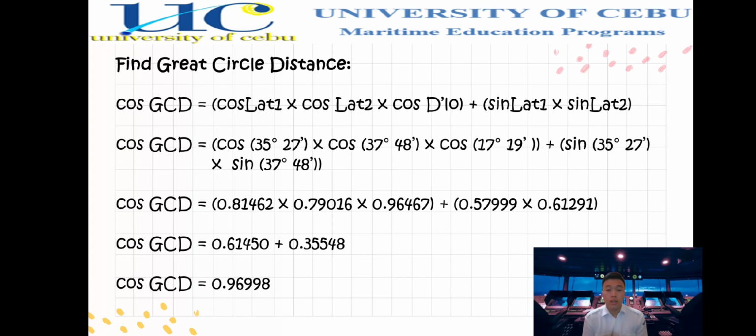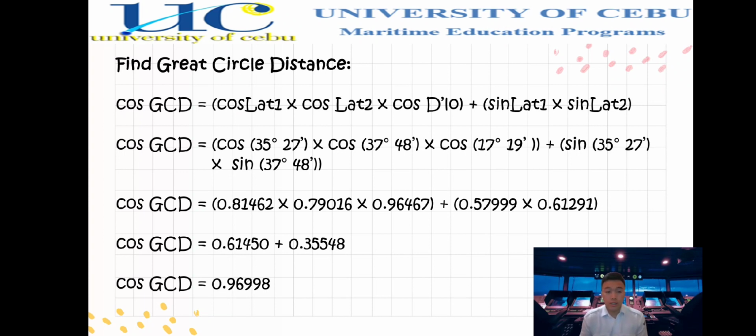It is plus or minus because if the latitudes have the same direction it will be plus, and if they are opposite it will be minus. Since we have the same latitude direction, which is north, we use plus. So cosine GCD is equal to cosine 35 degrees 27 minutes times cosine 37 degrees 48 minutes times cosine 17 degrees 19 minutes plus sine 35 degrees 27 minutes times sine 37 degrees 48 minutes.